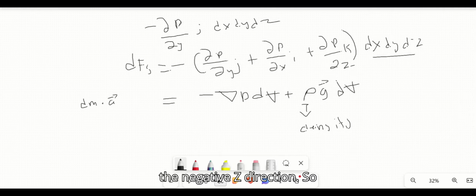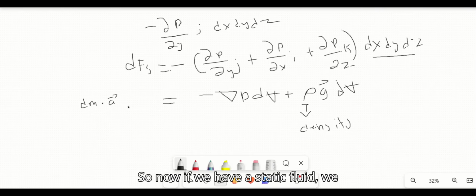So now we know that our fluid is static, gravity is the only body force, and the z-axis can be up and down, right? So now we have that: negative del p dv plus rho g dv.